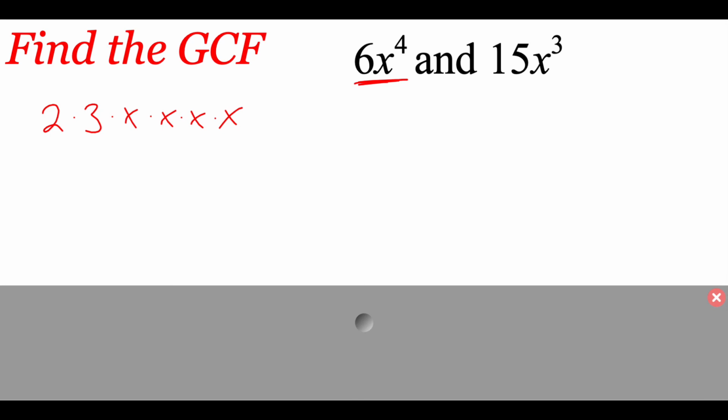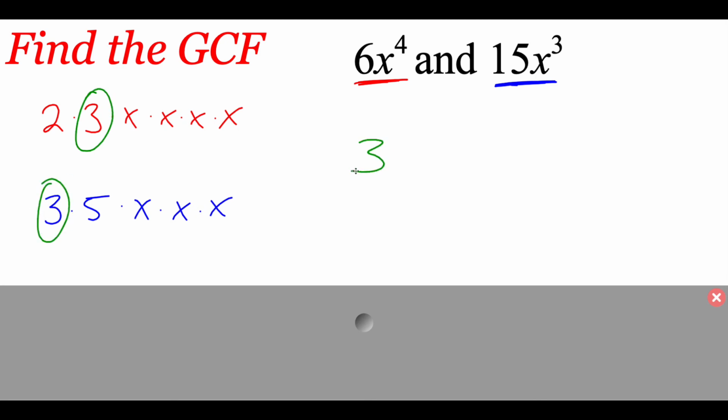Now if we look at the 15x cubed, 15 is going to be 3 times 5. X cubed means we're taking x and multiplying it by itself 3 times. So x times x times x. Now we're finding the greatest common factor, so we want to look at what's common to both lists. So I see that we have a 3 in common, so I'm going to take that 3.